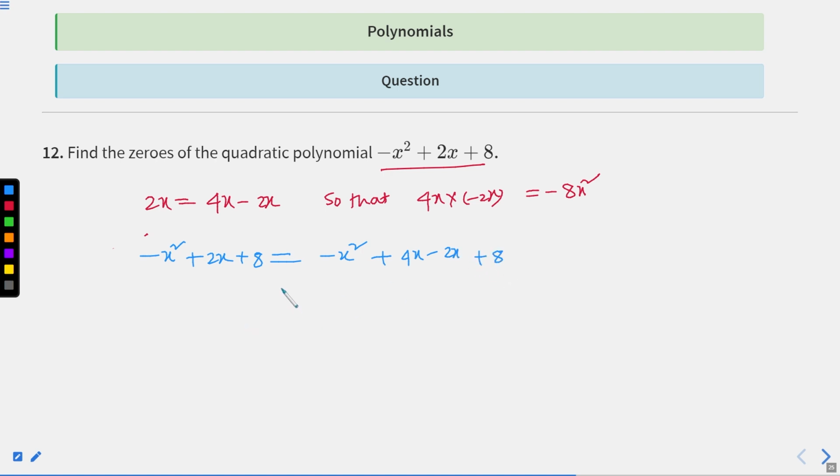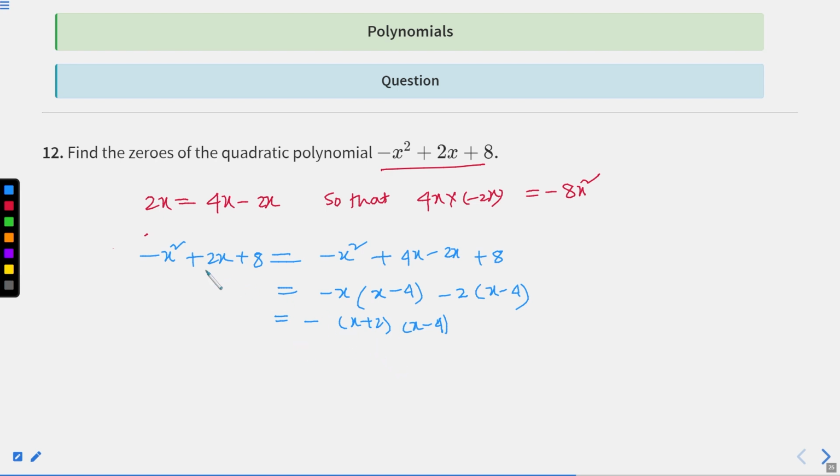Okay, and this can be written as minus of x times x minus 4 and minus of 2 times x minus 4. Okay, and this is equal to minus of x plus 2 times x minus 4. So we get these two linear factors, x plus 2 and x minus 4.